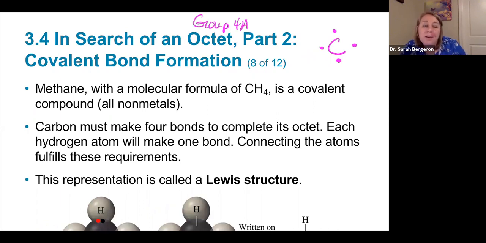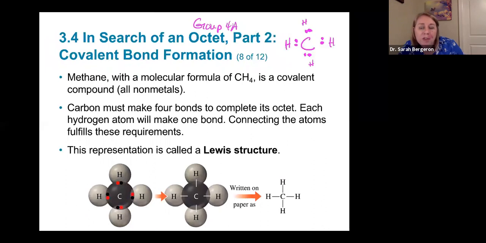So carbon is going to have to make 4 bonds to be happy, to get an octet. So if you combine carbon and hydrogen, each hydrogen atom is going to make a bond with carbon because each hydrogen has 1 electron that it can give, right? Hydrogen, here's its 1 to give. Hydrogen, here's its 1 to give. Hydrogen, here's its 1 to give. So now we have our complete octet.